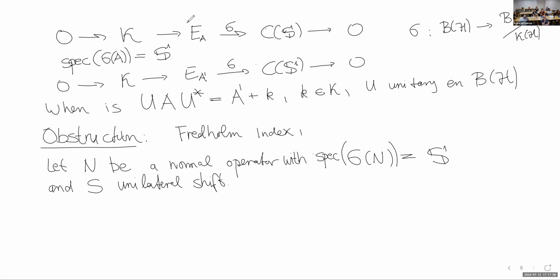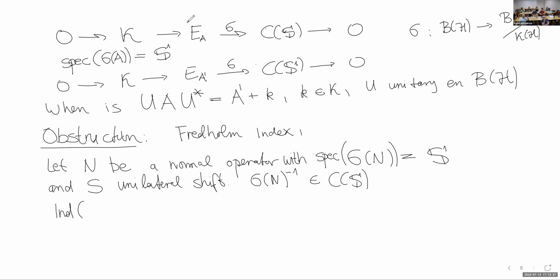Now the index: with sigma, I want it to be invertible, so it's a Fredholm operator. The essential spectrum is S1, so 0 is not in the spectrum, it is invertible. So it's a Fredholm operator, and then we can check the index.